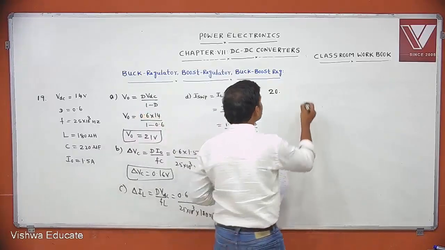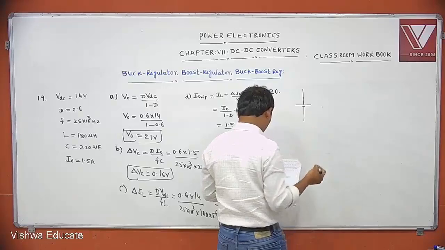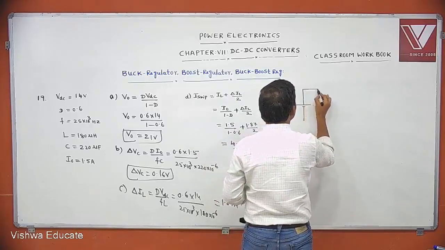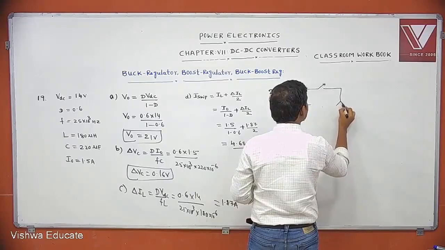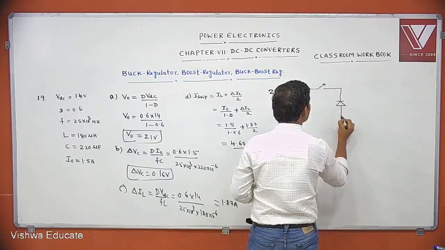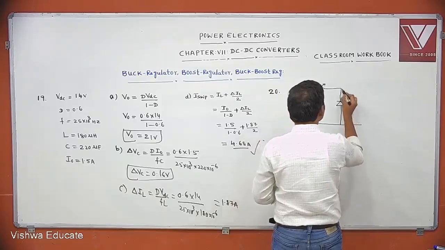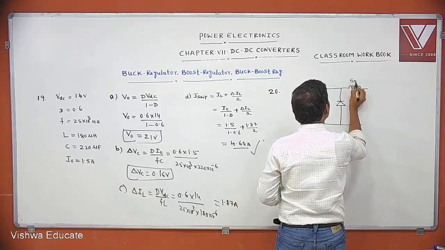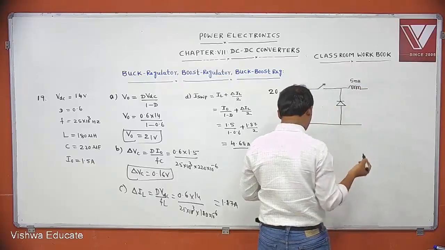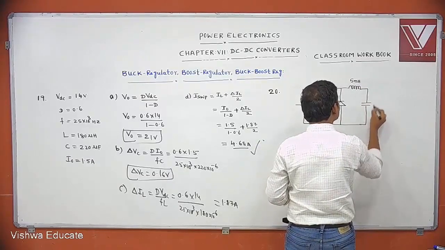Okay, this is the given circuit, and this is the diode. The inductance given is 5 millihenry. The output voltage is 36 volts.